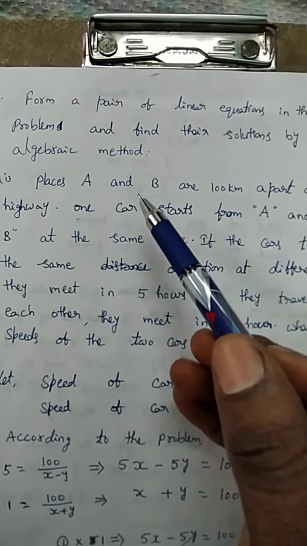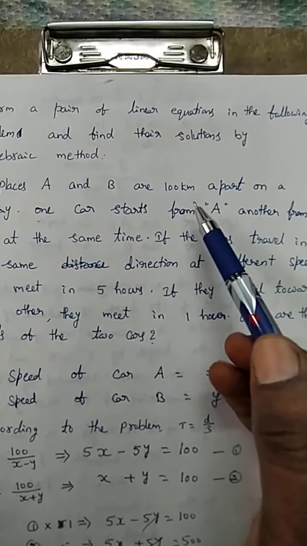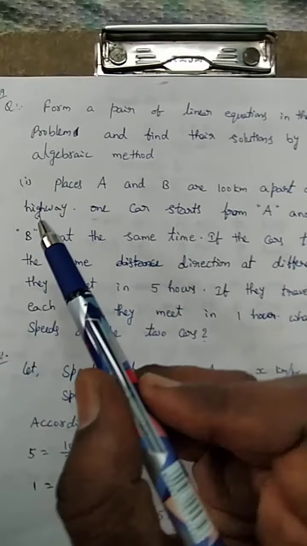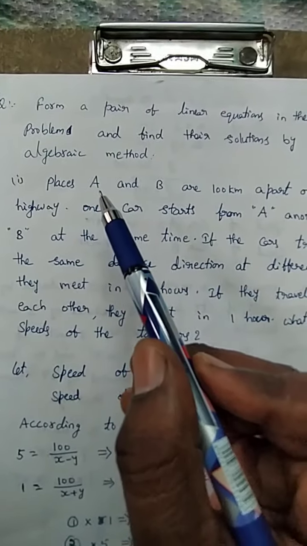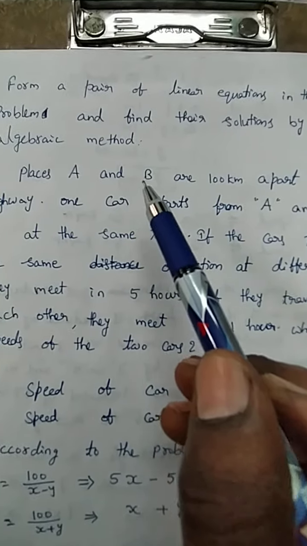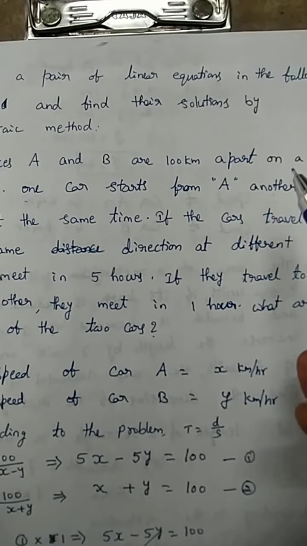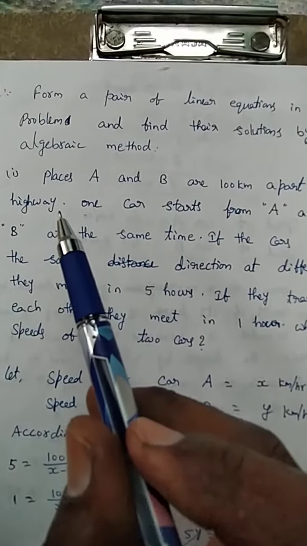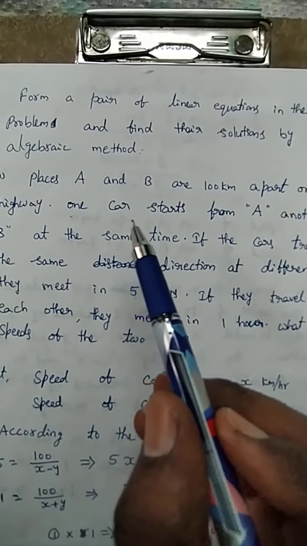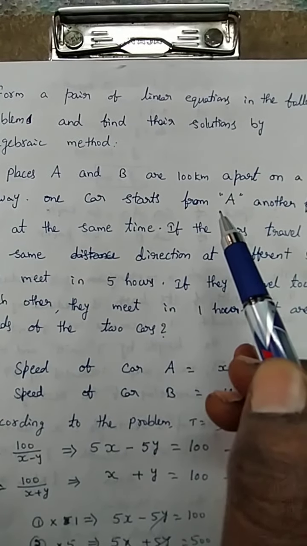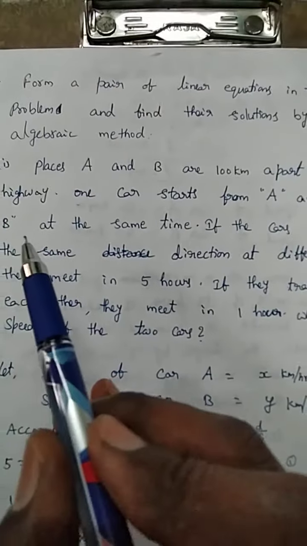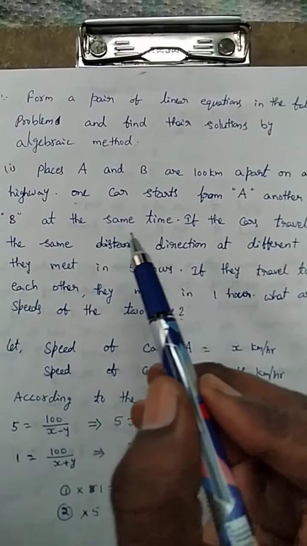Places A and B are 100 kilometers apart on a highway. One car starts from A and another starts from B at the same time.